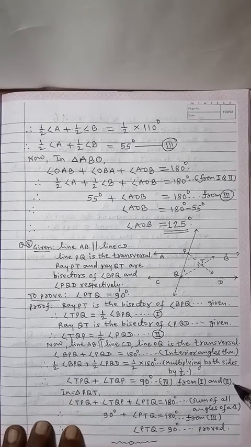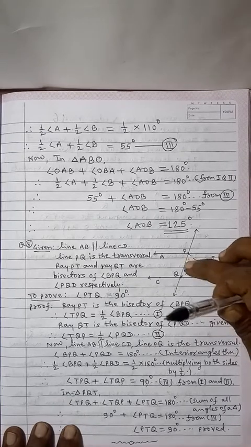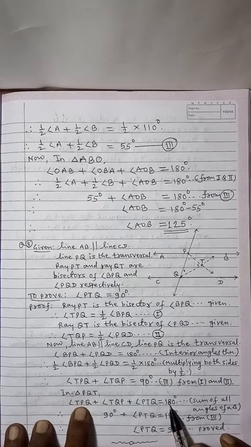Now in triangle PQT, angle TPQ plus angle TQP plus angle PTQ is equal to 180 degrees. Sum of all angles of a triangle.